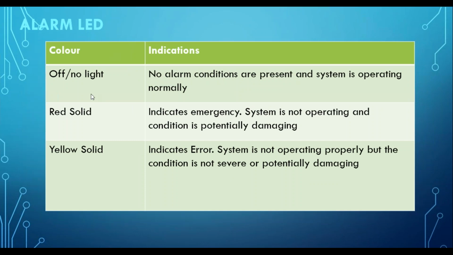Now the alarm LED. If the alarm LED is off or there is no light, it means that there are no alarms on the device. If it is solid red, it means that there is an emergency and the system is not operating properly. If it is solid yellow, it means there is an error and the system is not operating properly, but the condition is not that severe.